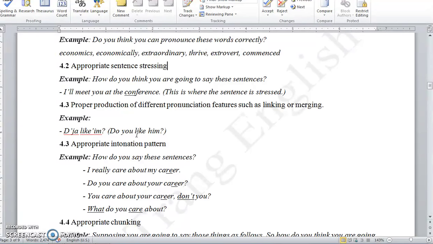Like instead of saying "do you," you merge these two words together and say "j". Like him: you link "like" with "him" to form "like him." So instead of saying "do you like him," you would say it merged. Sounds strange, isn't it? However, it is very natural in native speakers' speaking.